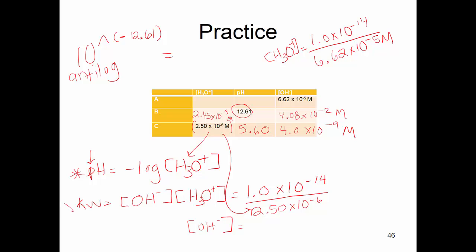I'm just rearranging this to solve for hydronium concentration. We should get 4.0 times 10 to the negative 9.